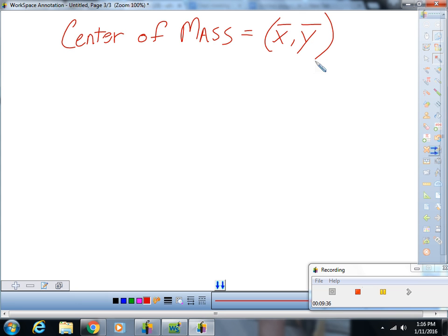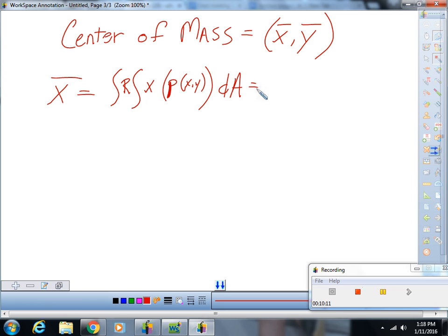Our x bar is going to be the double integral over a region of x, our position, times rho of x, y, our density, dA, divided by our mass.